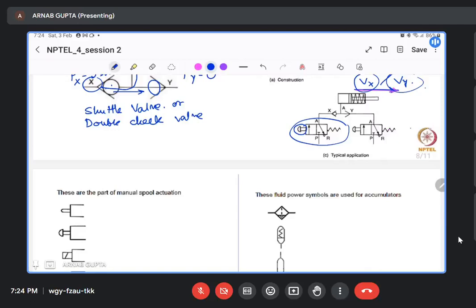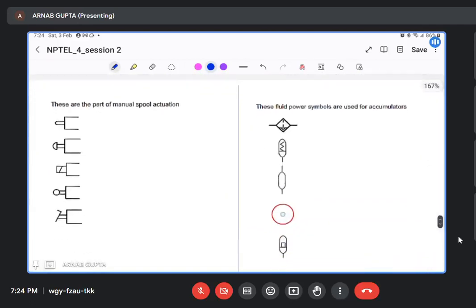That mechanism can be electrical, mechanical, or manual. So the question asks, which of these are part of manual spool actuation?